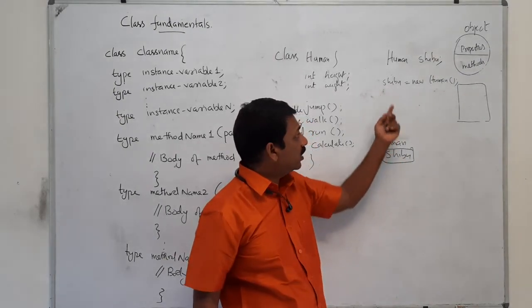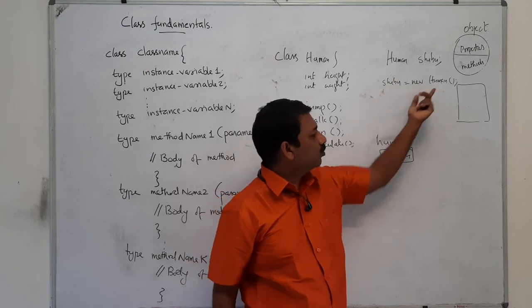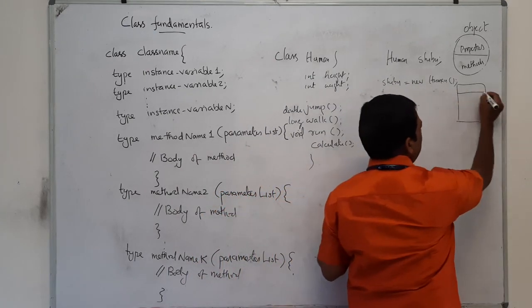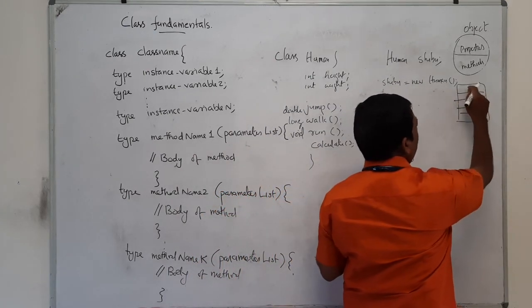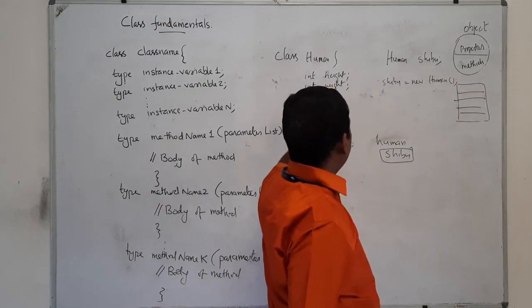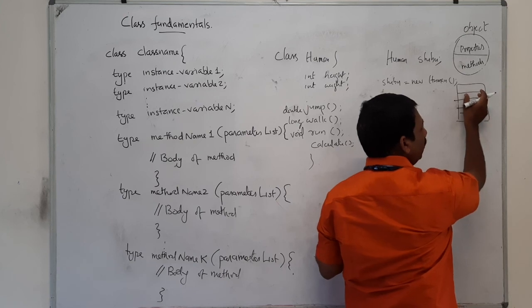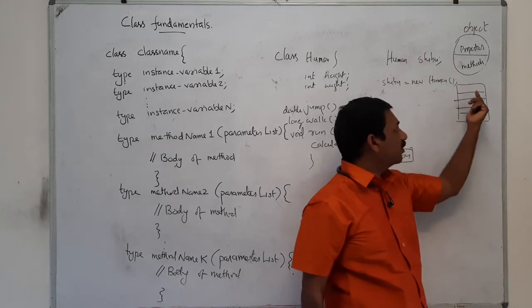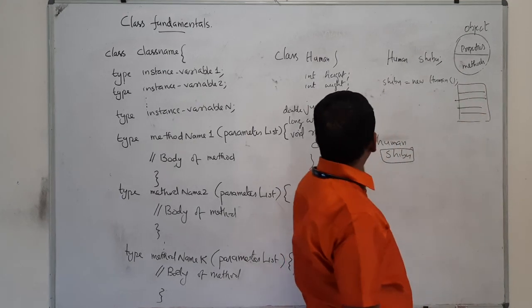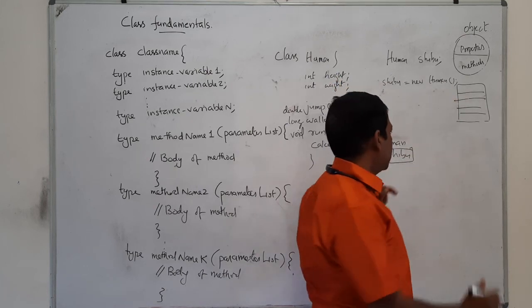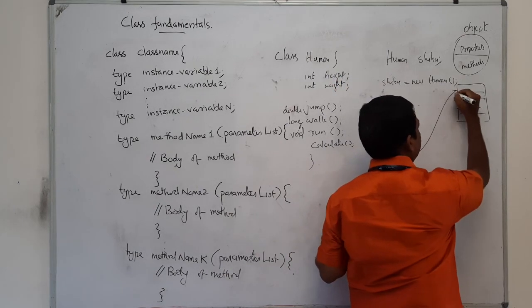So if you want to create that object, Shibu is equal to new human means here you have created an object, and here you have height, weight, number of properties, and here the compiler is allocating space for height, weight, etc. And now this Shibu is pointing to this.